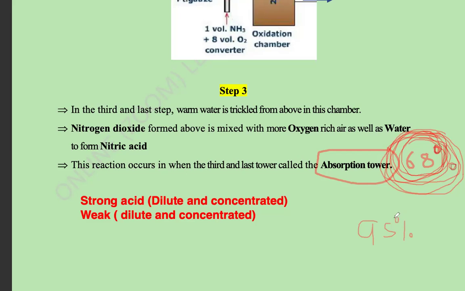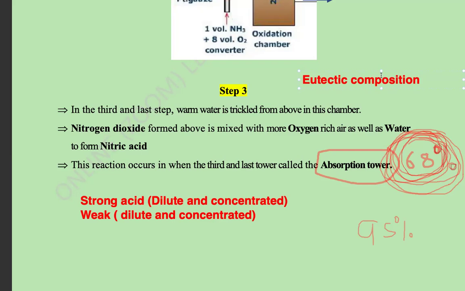Why is it not possible to get 100%? There's a little bit of high chemistry called eutectic composition. For those who would want to learn more about it, you can research. Eutectic composition is what inhibits the possibility of obtaining 100% concentrated nitric acid.